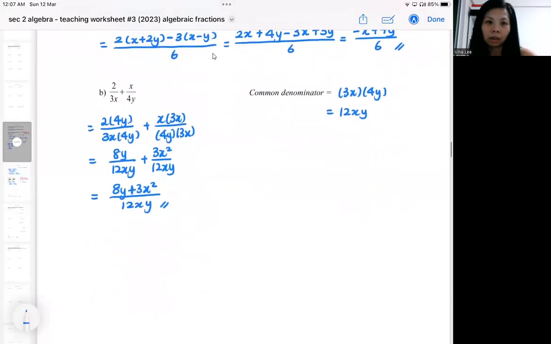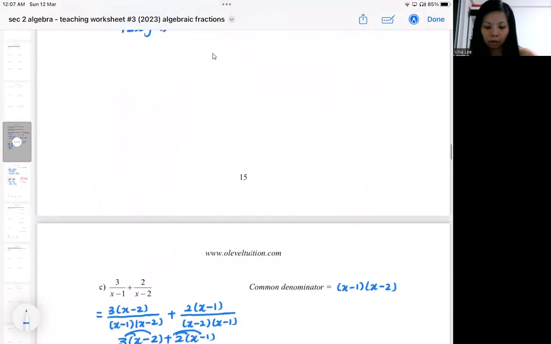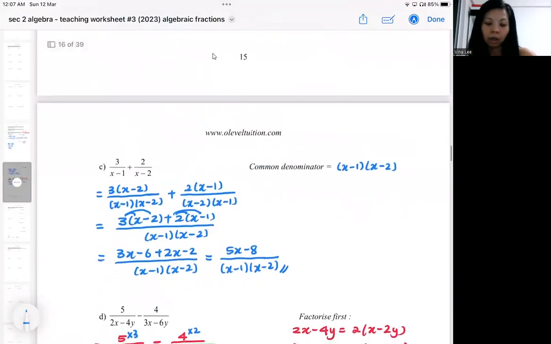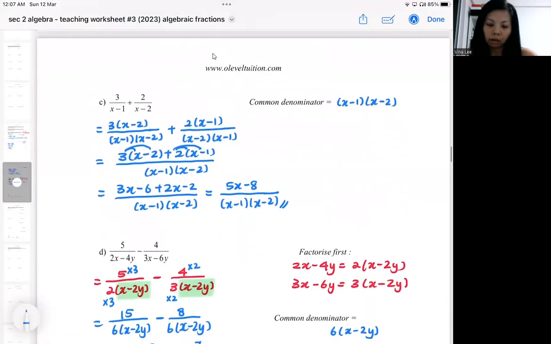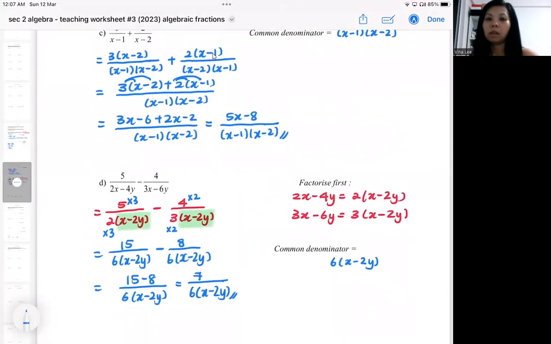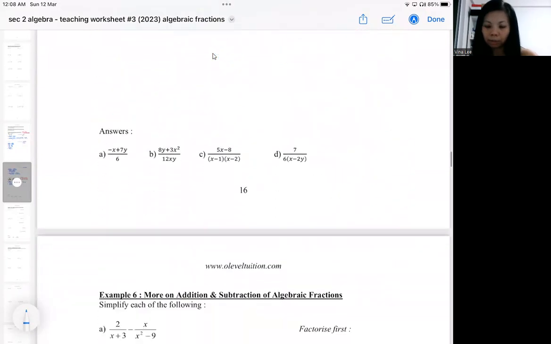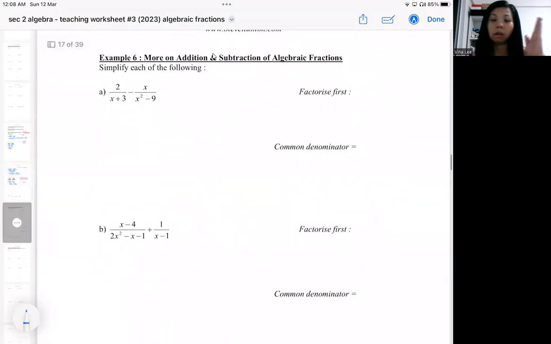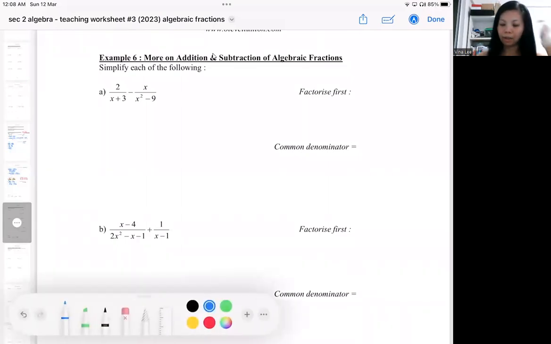And now add in a little bit more algebra. And then the algebra becomes bigger. And suddenly your denominator needs to be factorized. So since the denominator needs to be factorized, that means you can involve the other method of factorization. Okay, so in the next example, here I'm going to show you the denominator that needs other method of factorization.